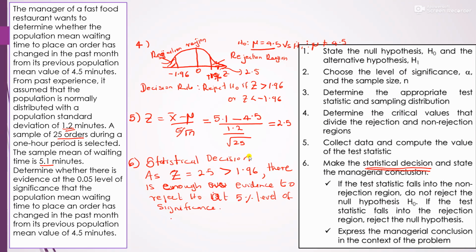So we can say that mu is not equal to 4.5, because there is enough evidence to reject H naught. If we are rejecting H naught, then H1 will be the decision: mu not equal to 4.5. Now this is our statistical decision. Next, we write the managerial decision.